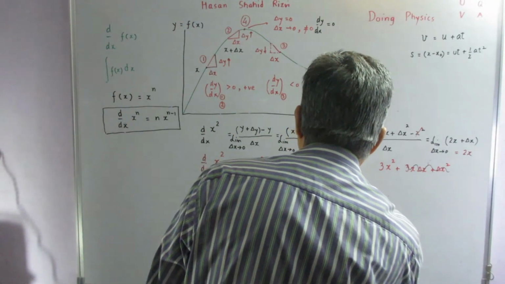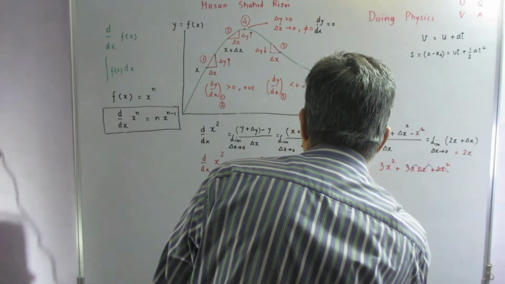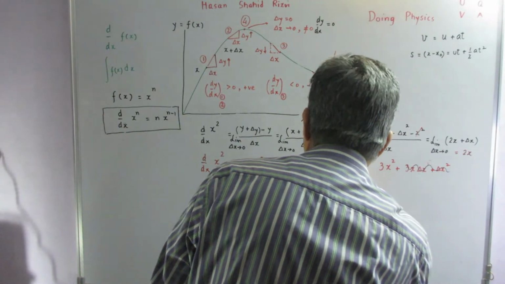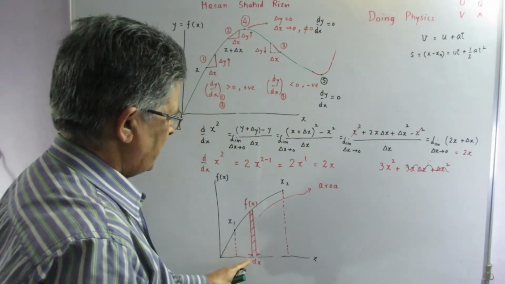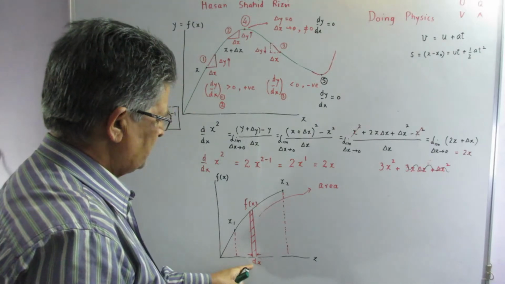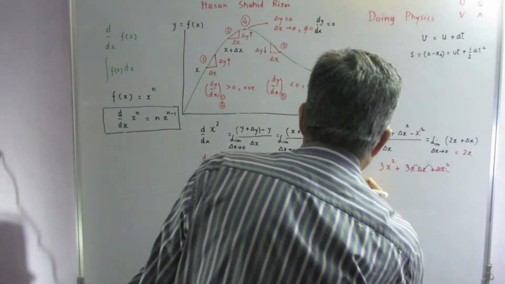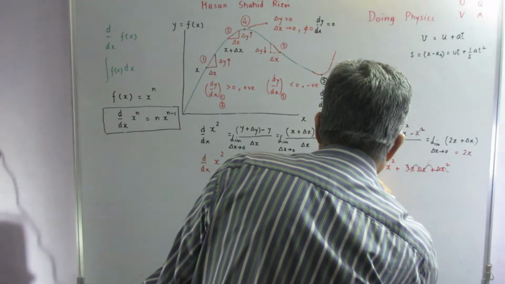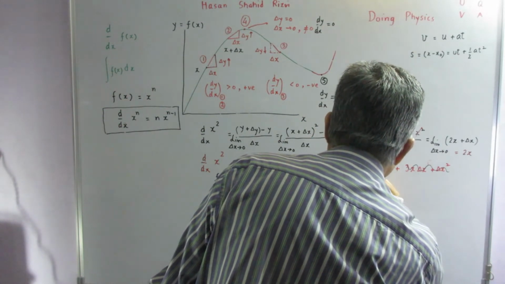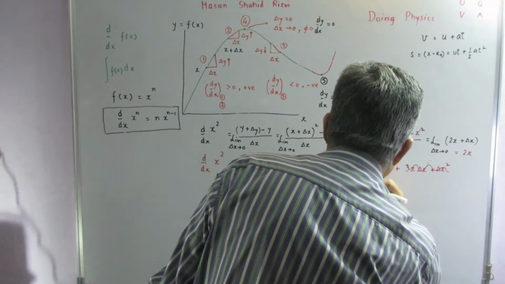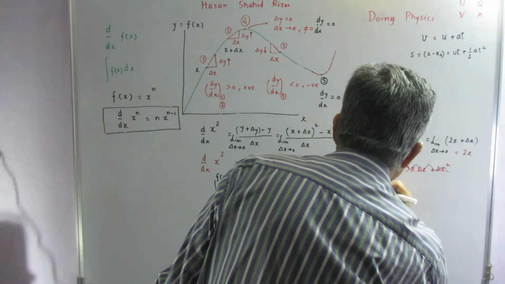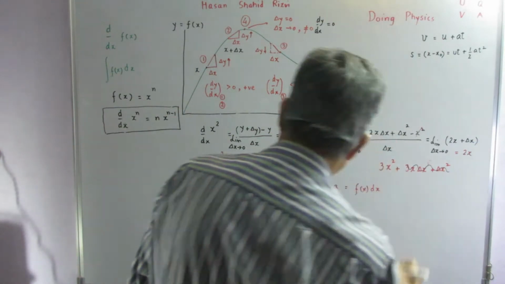Area under the curve between the limits x and x plus delta x, for this value which I have taken randomly, will be equal to the function of x into dx.